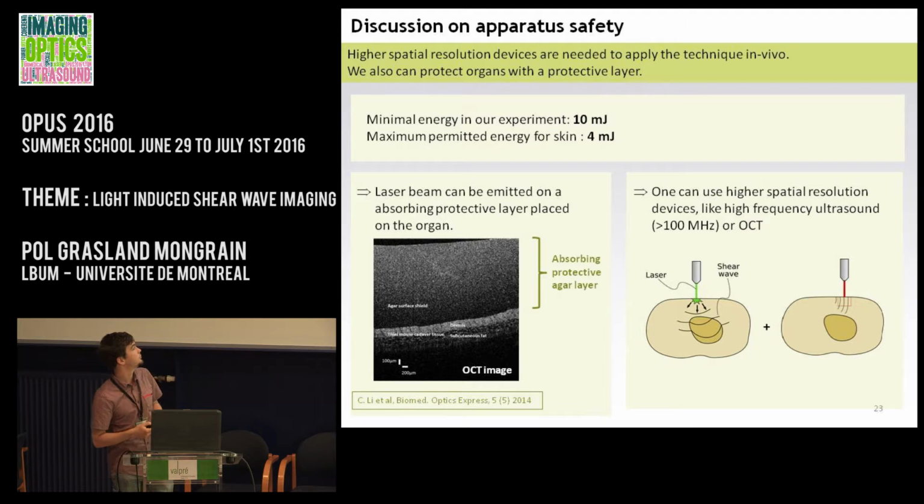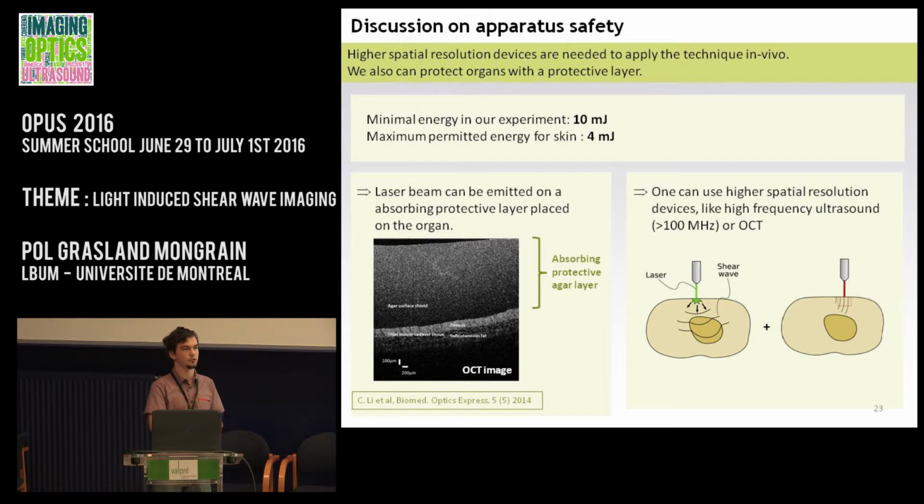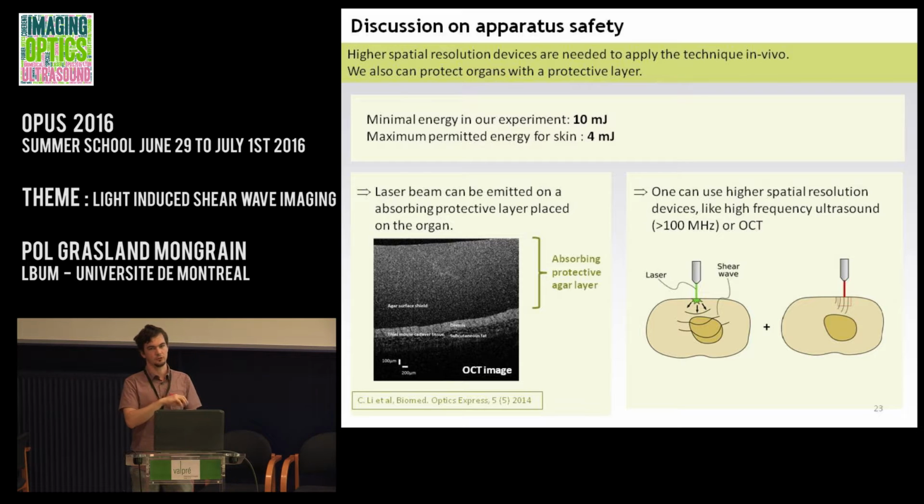I've seen two ways to solve it. We can apply a protective layer on the organ that we want to study. If we put some black paint or a varnish or something like that, we can emit the laser beam on the black paint. This way the laser beam will be absorbed by the paint and not by the tissue. So the tissue will be protected.